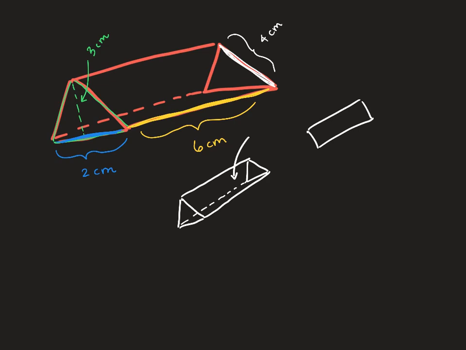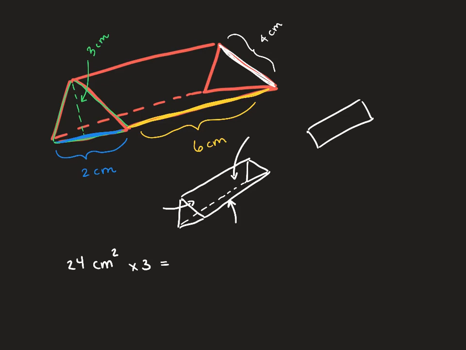And that's going to be 6 times 4, which is 24 square centimeters. And there's one here, 2, and 1 in the bottom, 3. So it's going to be times 3.